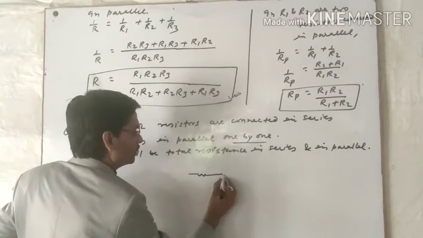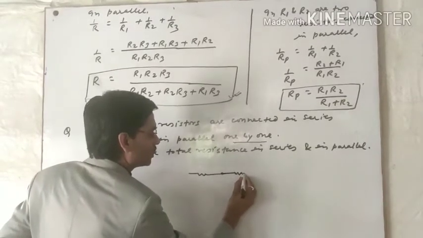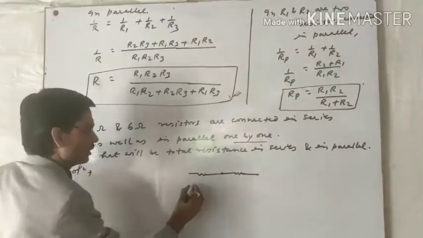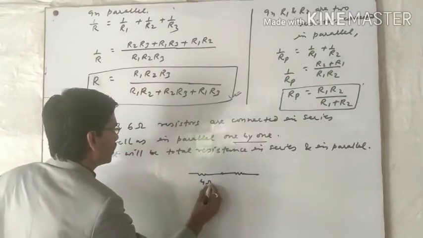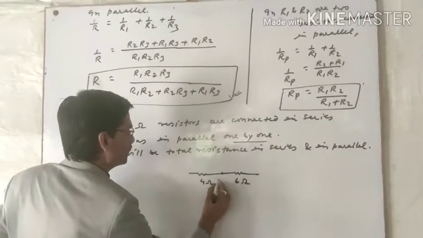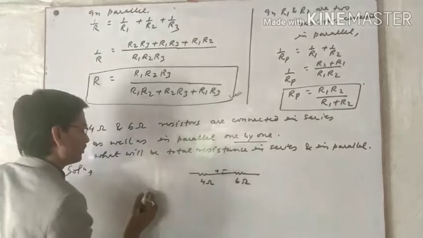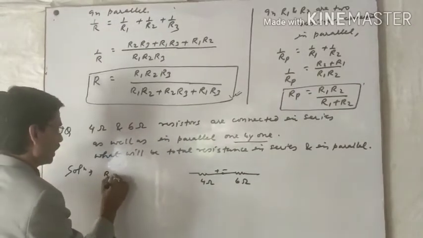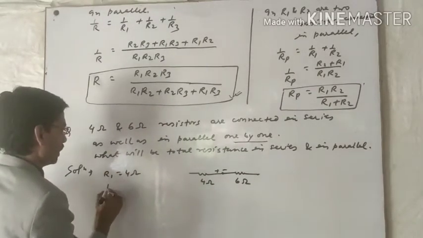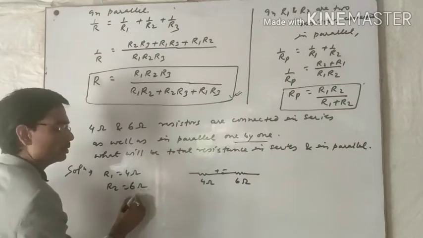R1, R2, these two resistors are connected in series. First value 4 ohm, second value 6 ohm, connected in series. R1 4 ohm, R2 6 ohm.